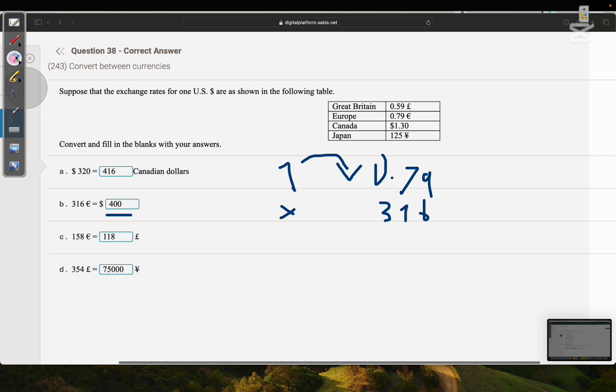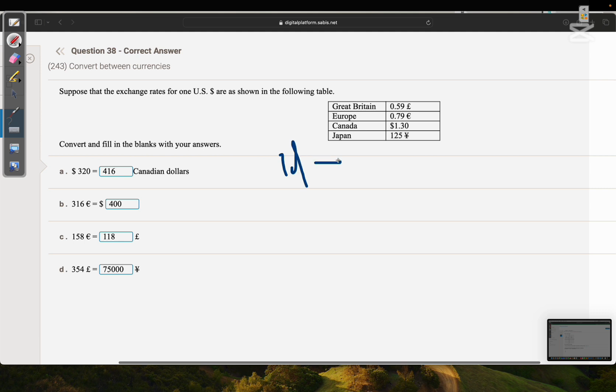So for this one, this is a bit tough. So first we're going to have to convert the euros to dollars. So $1 is 0.79 euros. So how many dollars is that? X is equal to 158.